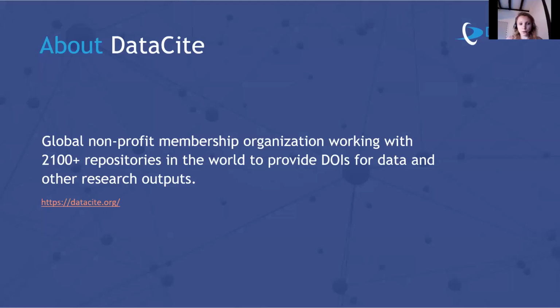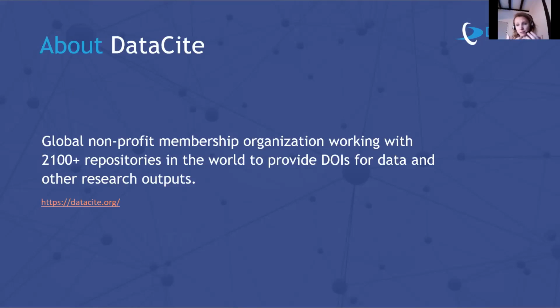So I work for DataCite. And DataCite is a global nonprofit membership organization. And so organizations around the world can join DataCite as members, and we work with over 2,000 repositories to provide DOIs for data and other research outputs in those repositories.